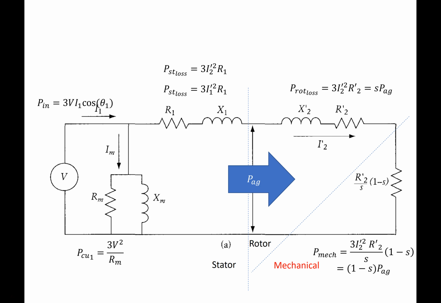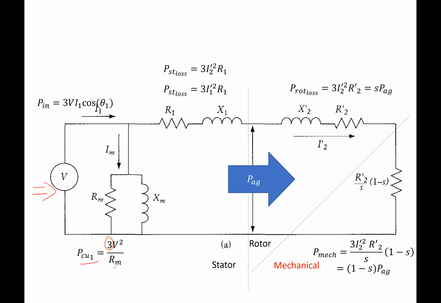So if we look at this in an equivalent circuit, we have our power coming in here, which is our P in. We have some losses in the core and then some losses in the stator. Now you'll see here the core losses, V squared over R, the 3 just comes about because it's 3 phases, and these are per phase diagrams.